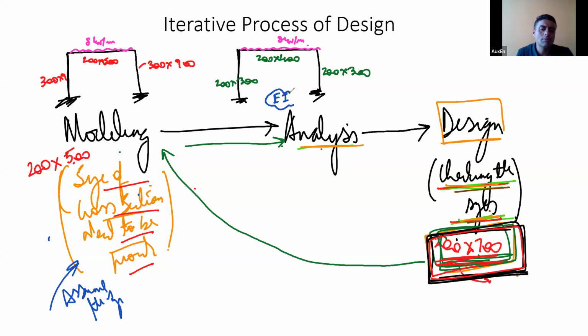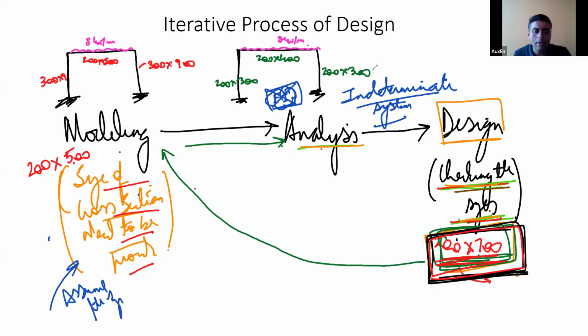Do you remember when we used to do the moment distribution or any method? They used to depend on the EI. EI means E is modulus of elasticity, I is the moment of inertia of this cross section. So what I'm trying to tell you is that in indeterminate systems, the moment values or the analysis outputs depend on the cross section size. Do you follow?